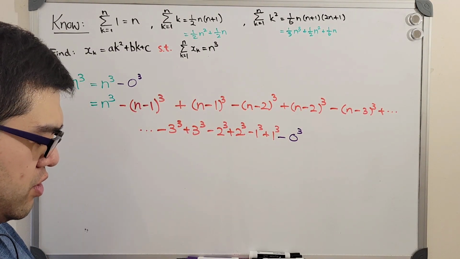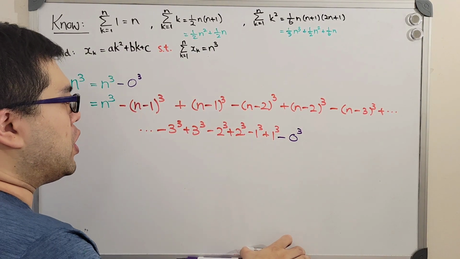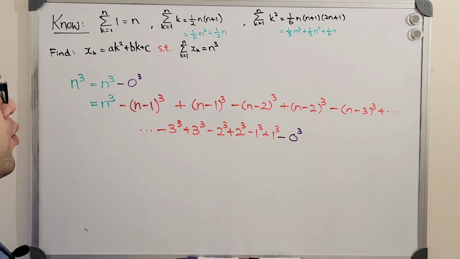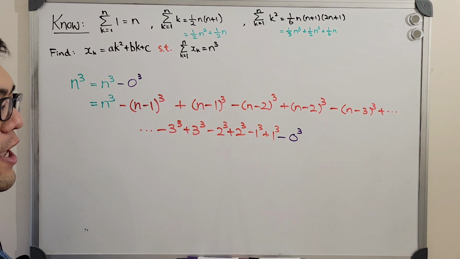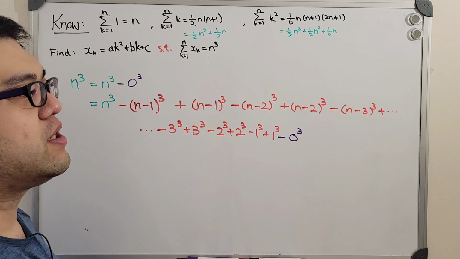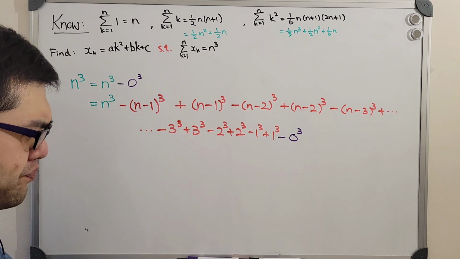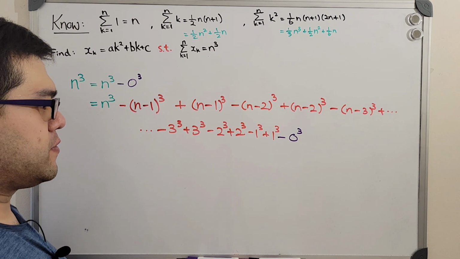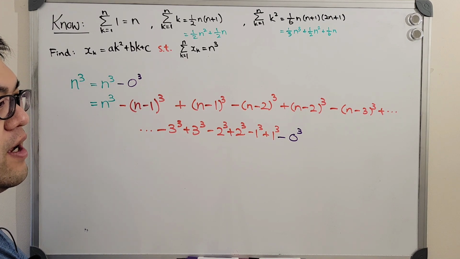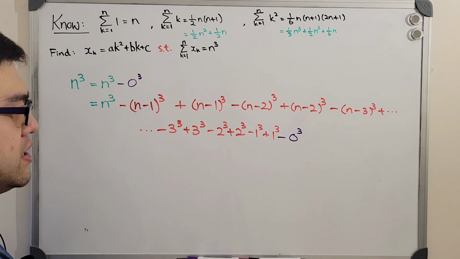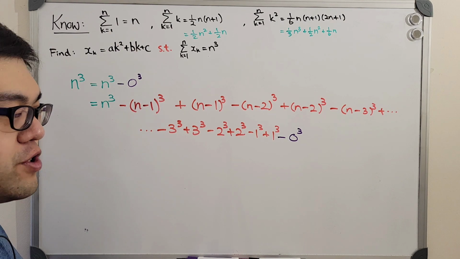What can we do? We can just try to regroup it. Why are we allowed to do that? Again, that's because we're adding finitely many terms, and adding finitely many terms means that the finite sum of the sequence has to converge.